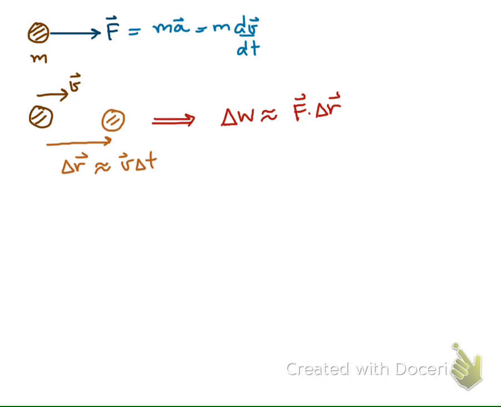Okay, this follows the definition of the work. And when we substitute the force F and the displacement, we have that this is approximately equal to m dv by dt dot v times delta t. Okay.